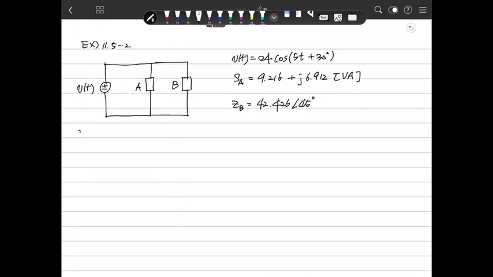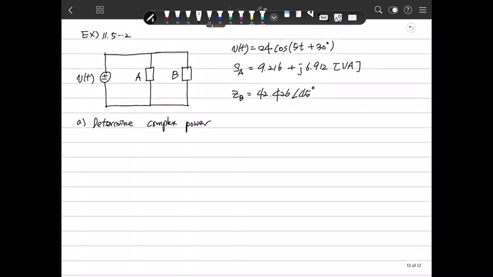Here at first we should determine the complex power. So to do that, we need to know the V. That's the first.